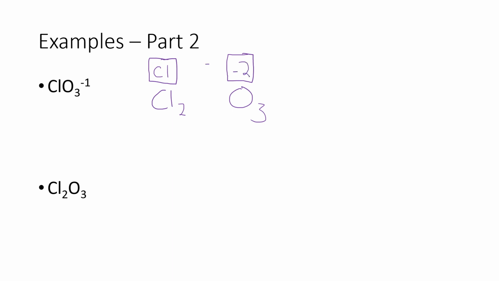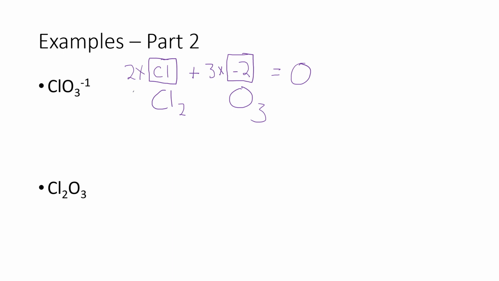And I need to multiply both of these oxidation numbers by the subscripts in the formula. Then we're going to add them together. And this time, the sum has to equal 0 because Cl2O3 is a neutral compound. And the sum of the oxidation numbers of every atom in a neutral compound has to be 0.